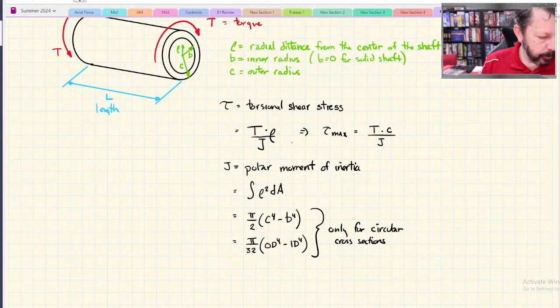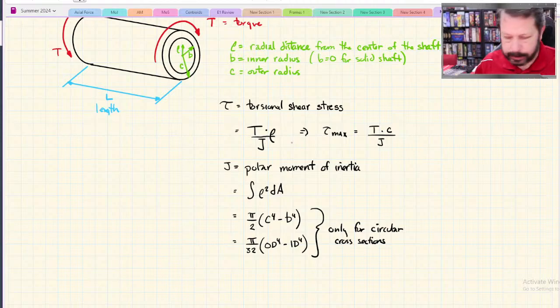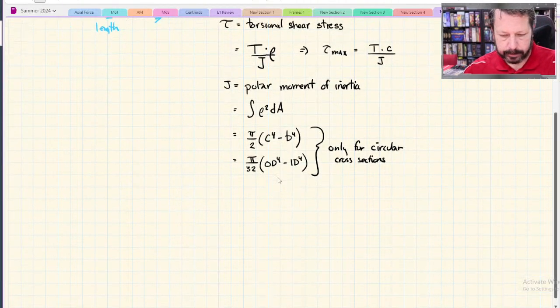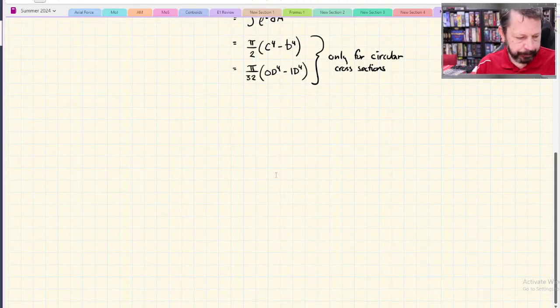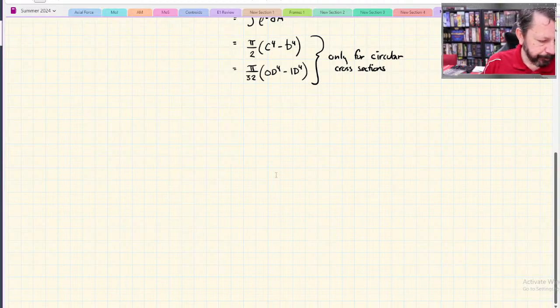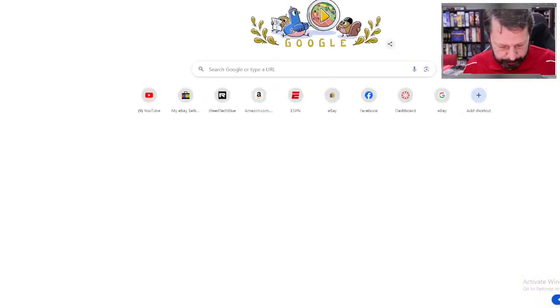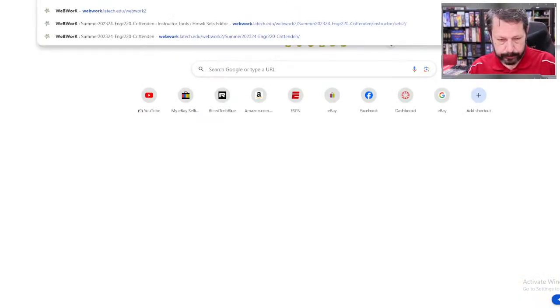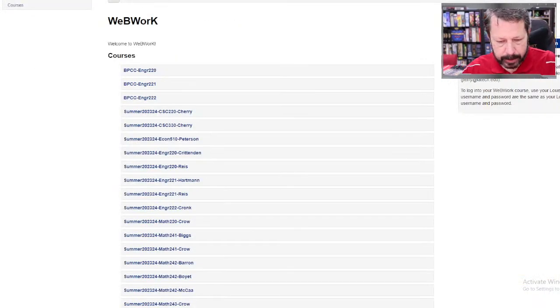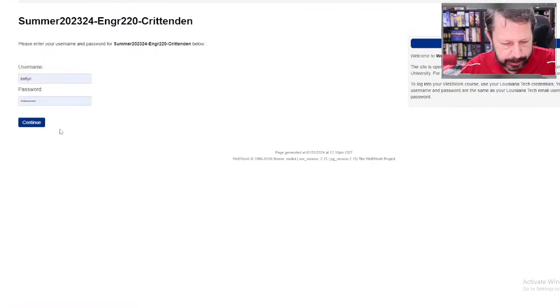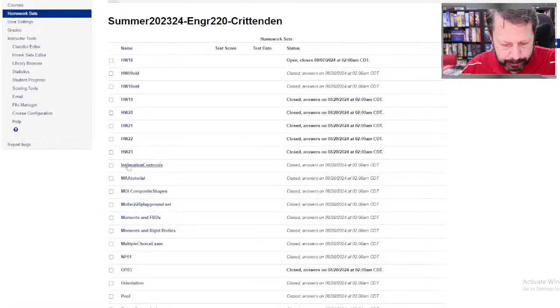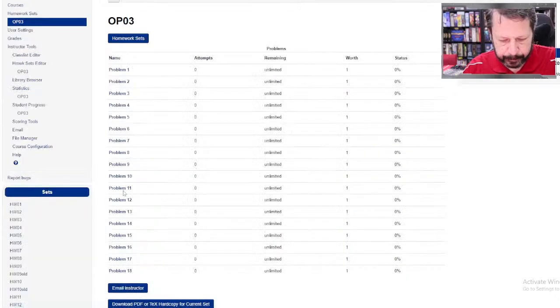Why don't we do some simple calculations and see how this works. So let's look in WebWork and see if I can find a problem we can work on related to this. I don't think I've opened up the SA3 or the optional 3 yet, but I think I can look at them.